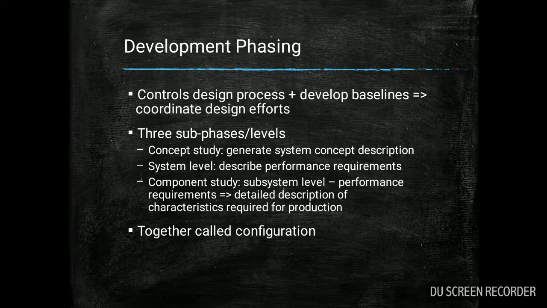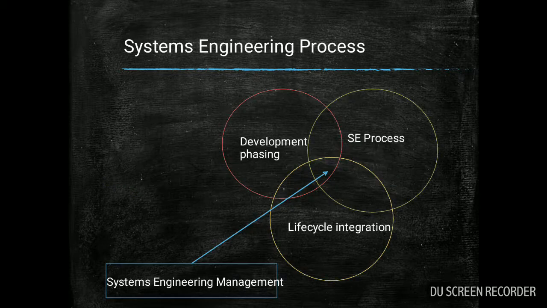Let's come to the previous slide first. If we see the development phasing and the systems engineering process, the intersection of these two components gives rise to the baselines, whereas the intersection between development phasing and life cycle integration gives the life cycle planning.